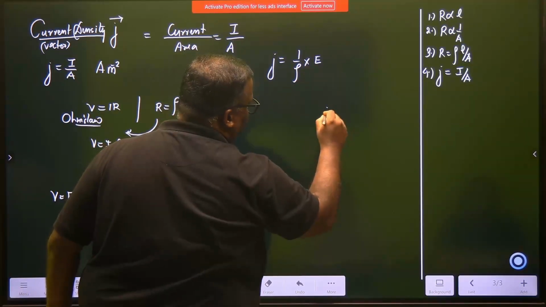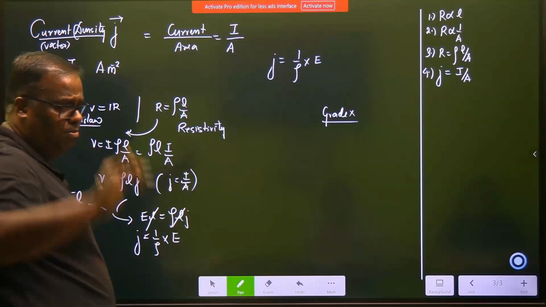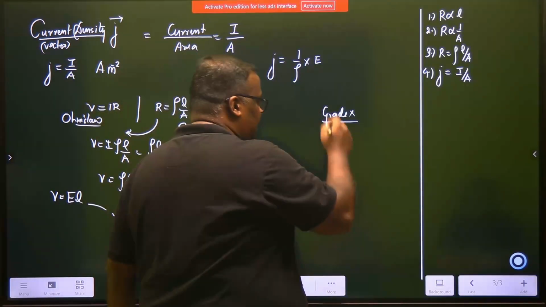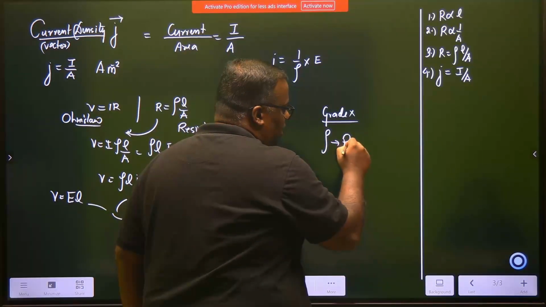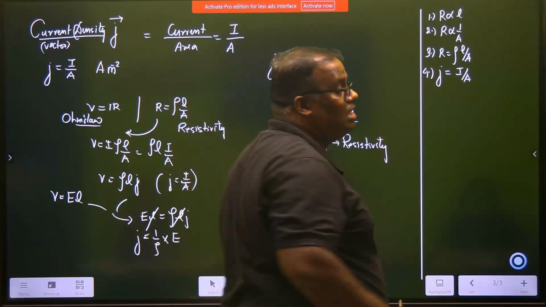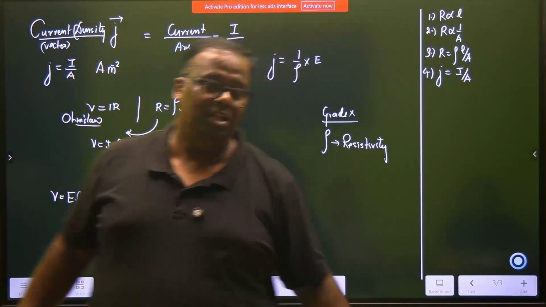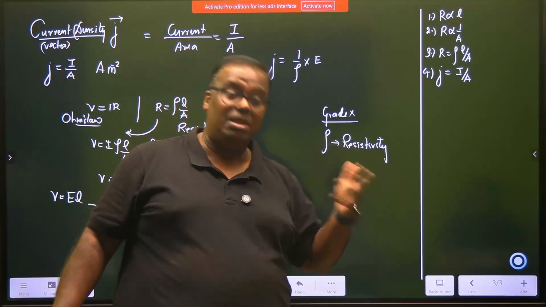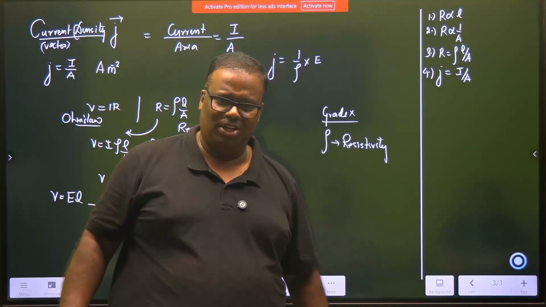Now go back to grade 10. If you still remember, in grade 10 we understood something which was rho, and we called it resistivity. Resistivity is like a bad habit in you. You are being disobedient. It is your measure of your by-birth disobedient factor. There is some obedience also in you, right?